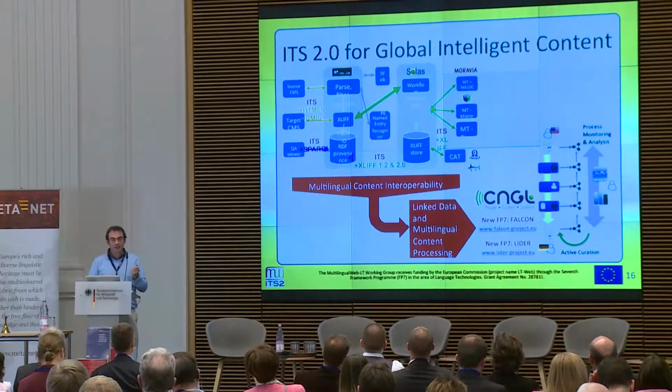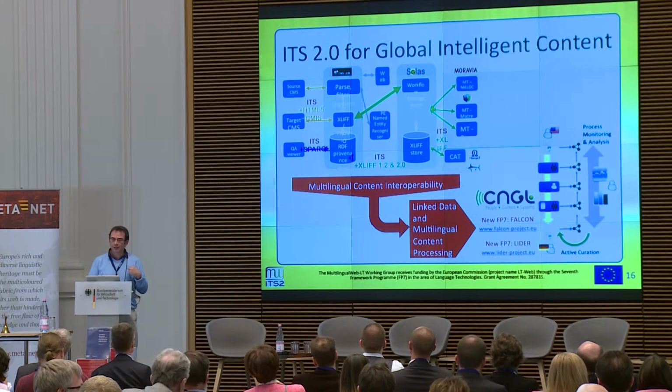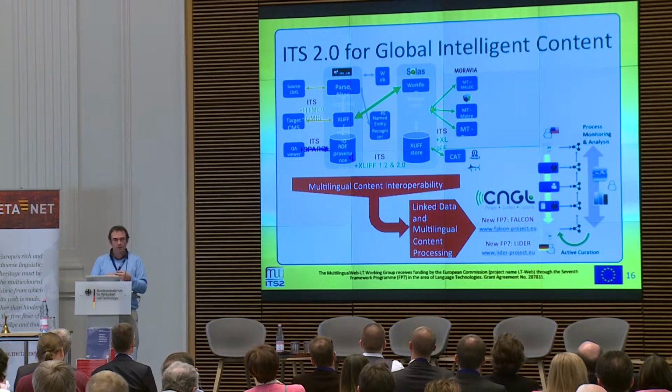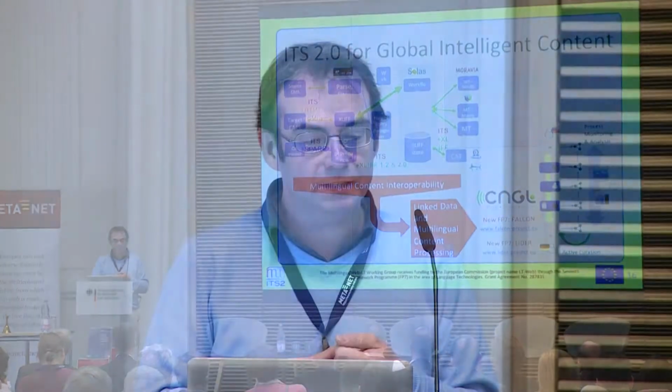Within CNGL, I lead a research team specifically looking at how we capture process provenance and use it in not only multilingual content, but multilingual search, multilingual personalization, and multilingual and multimodal interaction.